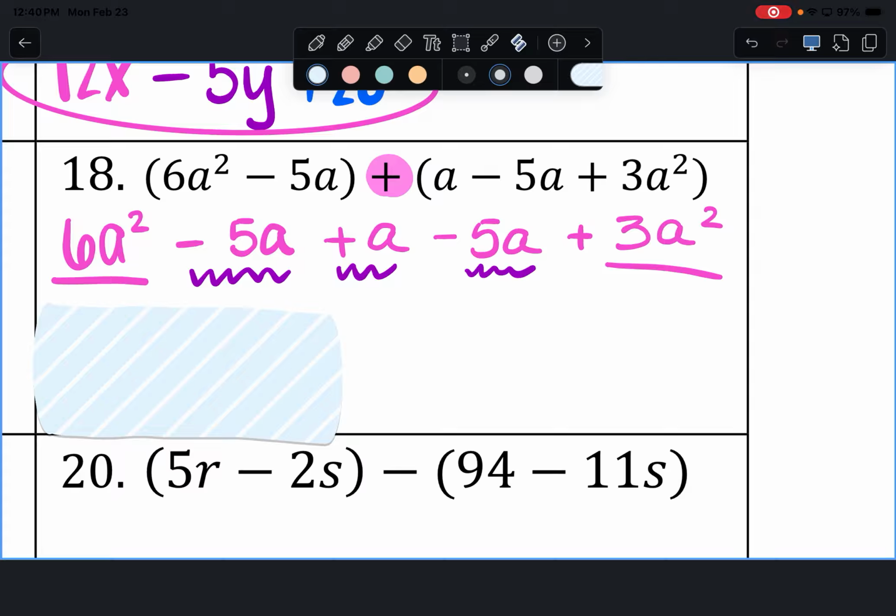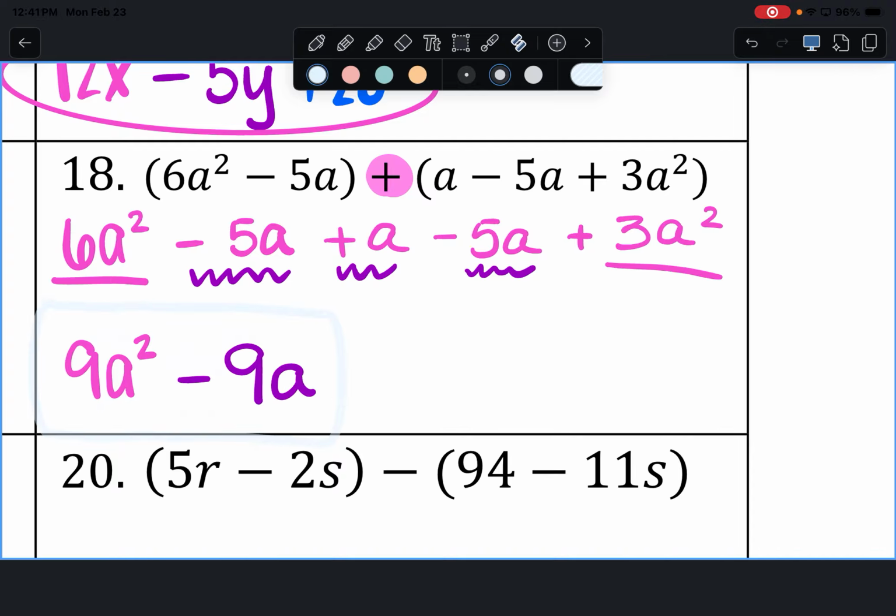Because 6a to the second power plus 3a to the second power is 9a to the second power. And then we have negative 5a plus 1a, so we have negative 4 minus 5, which is negative 9.